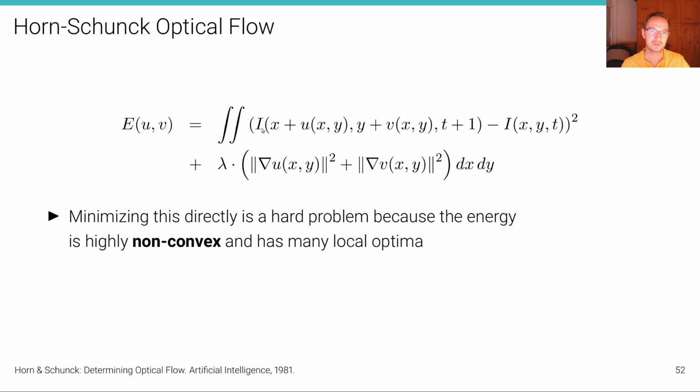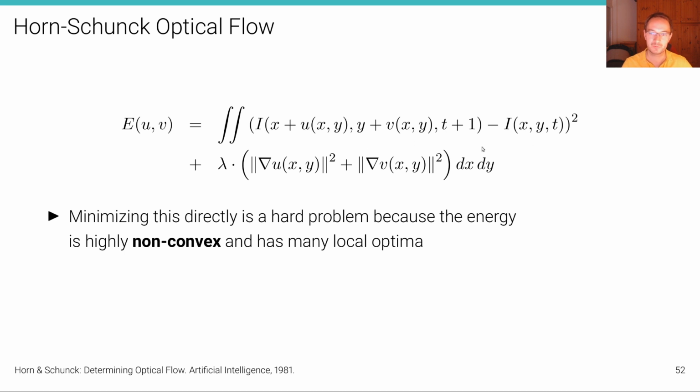If you would draw a 3D plot of an image where the third dimension is the image intensity, it would have a lot of hills and valleys, right? And so if this u and v flow appears as an argument, this means that it goes through this highly non-convex image operator, and that's where this non-convexity comes from.